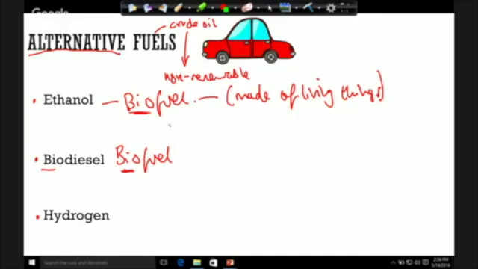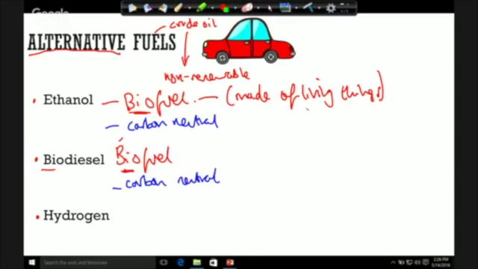So with ethanol, when you burn ethanol, again, you'll be reacting with oxygen in a combustion reaction. But this time, the carbon dioxide that you produce, we will class as carbon neutral. And that'll be the same for the biodiesel as well. So that's really important.